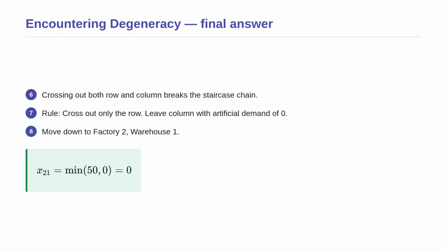Let us cross out the row and leave the column active but with an artificial remaining demand of 0 units. We then move down to the next row in that same column. Factory 2 has 50 units, but Warehouse 1 has an artificial demand of 0. We take the minimum, allocating exactly 0 units to this cell. Mathematically, this 0 acts as a crucial placeholder, counting as a valid allocation that keeps our path connected.